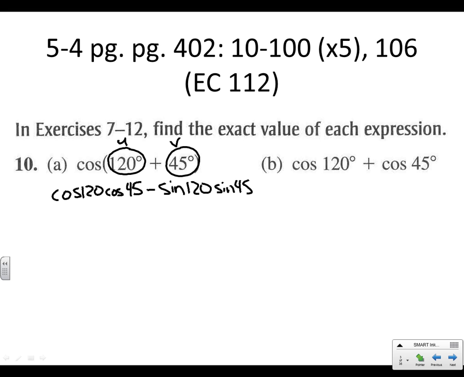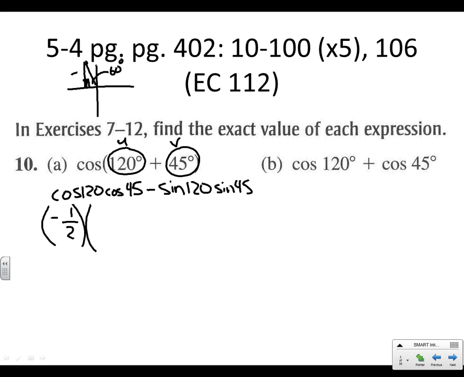Cosine of 120, the unit circle 120 is up here. That is a 60-degree angle in quadrant 2. You can go to your cheat sheet or your unit circle to figure out the cosine there, but it's going to be 1/2, and since it's in quadrant 2, cosine is negative over here, so negative 1/2.